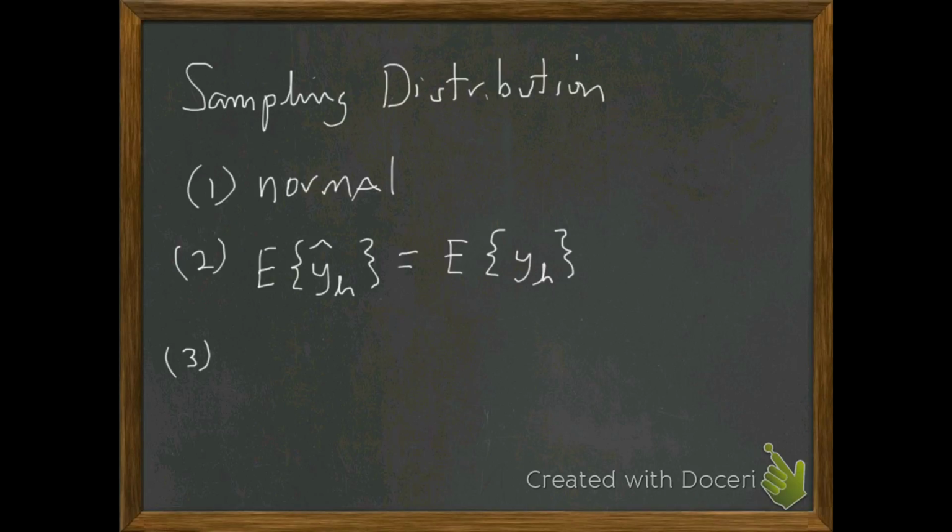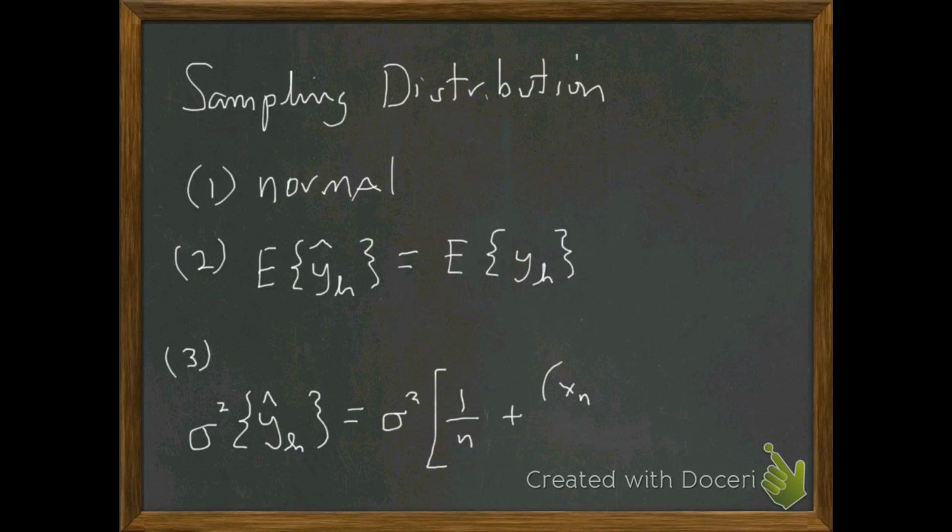And the variance of our predicted values looks something like before, except for one term. Okay, we need to make that clear.